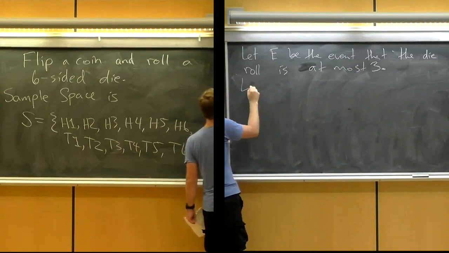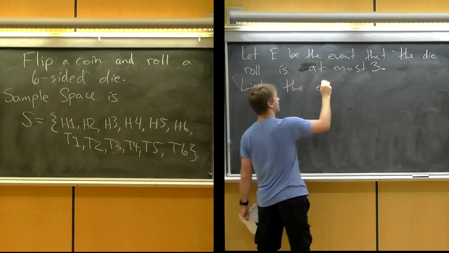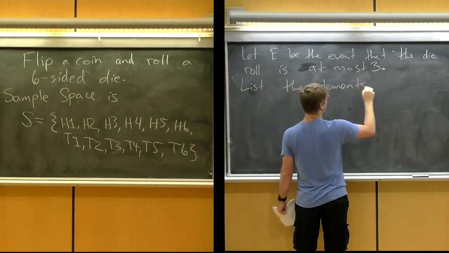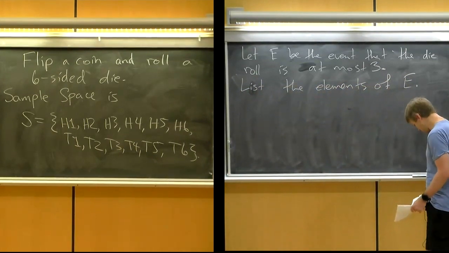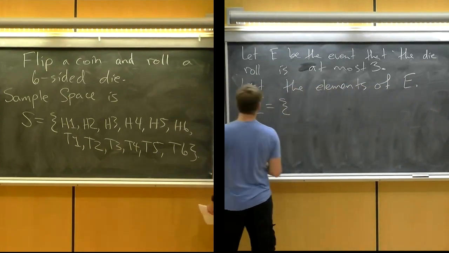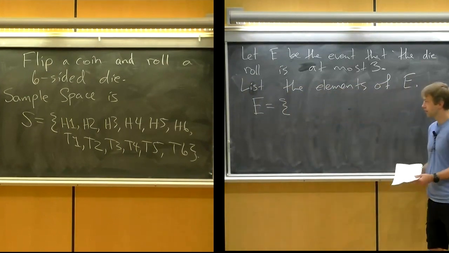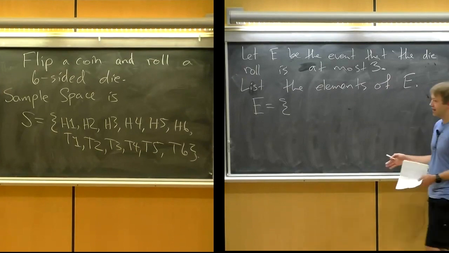And a very standard question you could be asked is to list the elements of the event E. What it's trying to say is, here I've described E in plain English, and it's asking you to write the event E as a set.